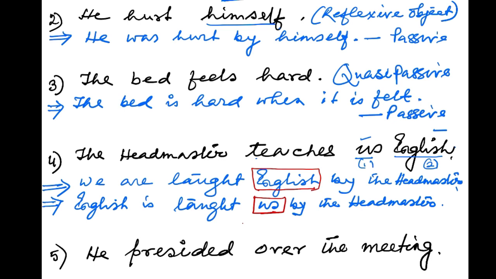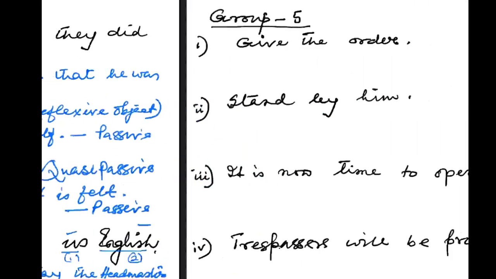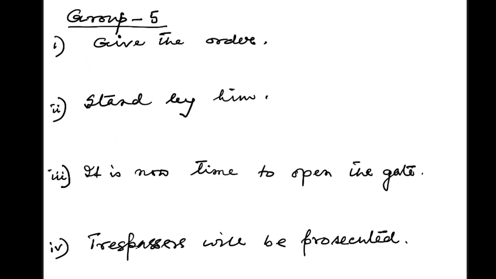For this, English and us, these two are called retained objects.